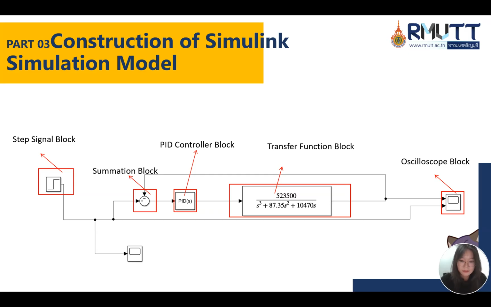The transfer function block is the third-order system I just obtained. The oscilloscope is used to observe the output response. With the cooperation of each block, the system operation can be simulated.